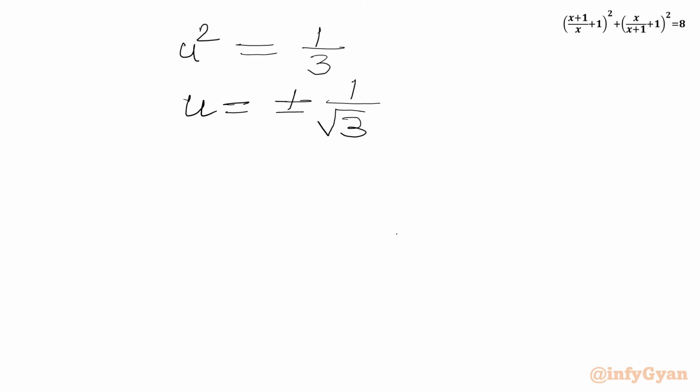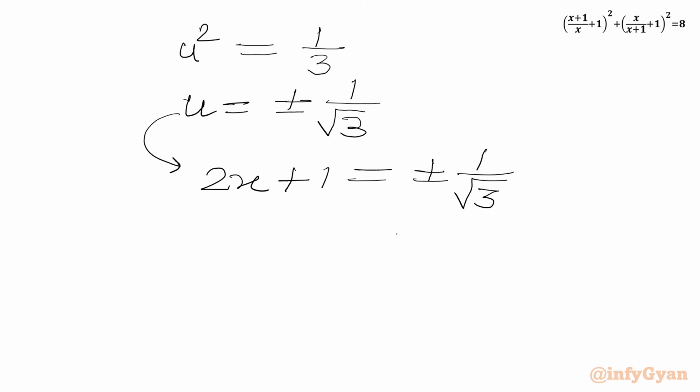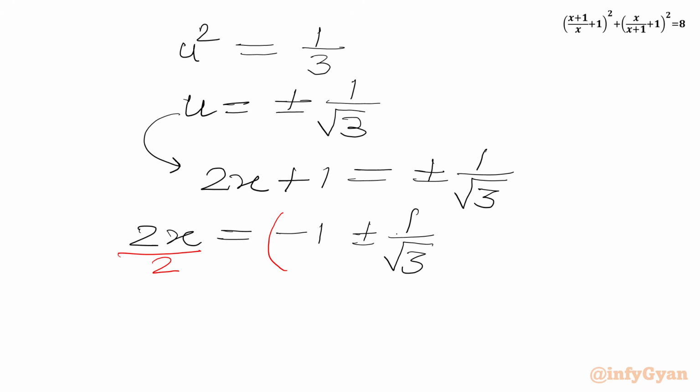Now u was our substitution 2x plus 1. So I can write here 2x plus 1 equal to plus minus 1 over square root of 3. Now we will subtract 1 from both the sides. So we will get 2x equal to minus 1 plus minus 1 over square root of 3. Now we will divide our equation by 2 both sides. So I will write here divided by 2, and let's multiply here half.